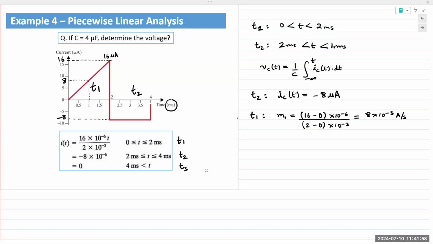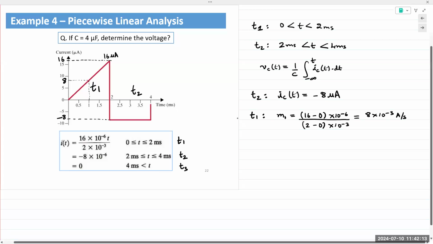And here again, I would like to point out, all of the information is not always stated in the statement. So we have to look at the diagram itself to extract the information. If we don't notice this milliseconds right here, our answers would be incorrect.